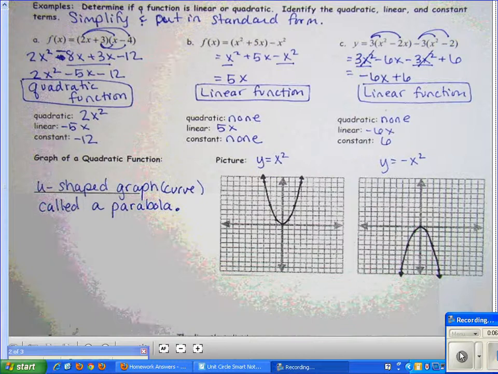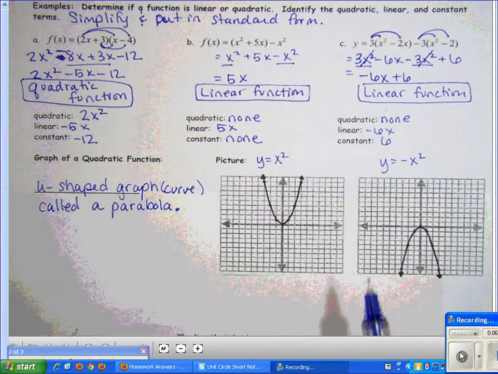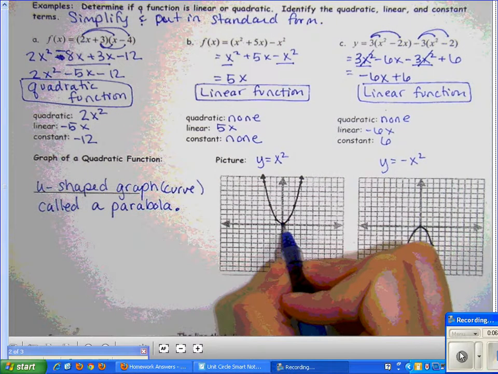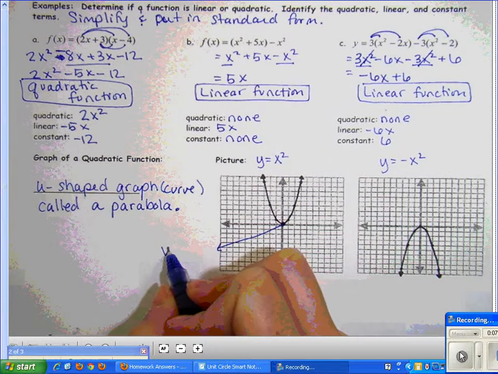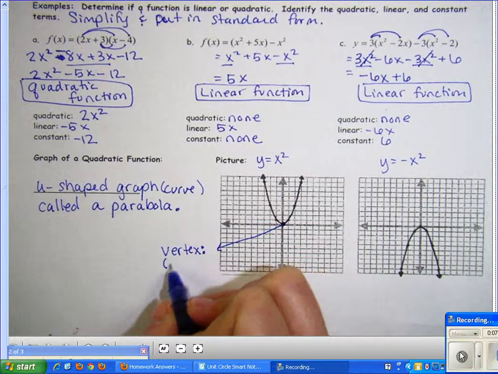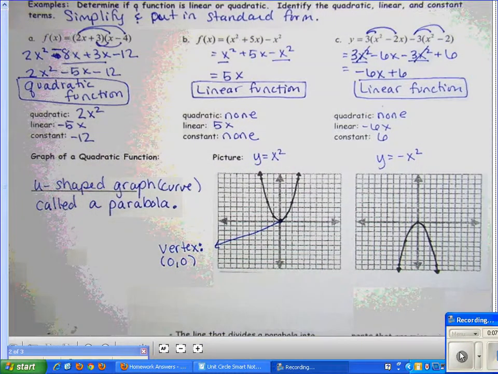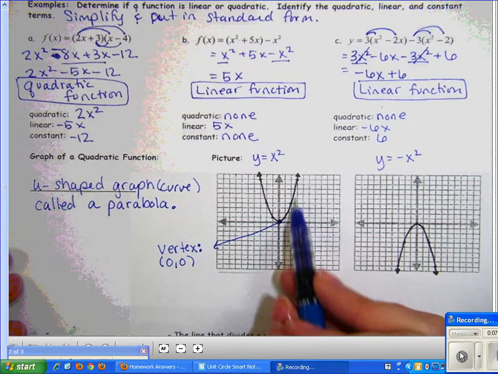Now there's a lot of different things that we can talk about this graph. So when I'm looking at this graph, I know that this point right here is called the vertex. And the coordinates for the vertex here are 0, 0. And if you look at this vertex, you'll notice that it is the very lowest point in your graph, and every other part of the curve is above it.